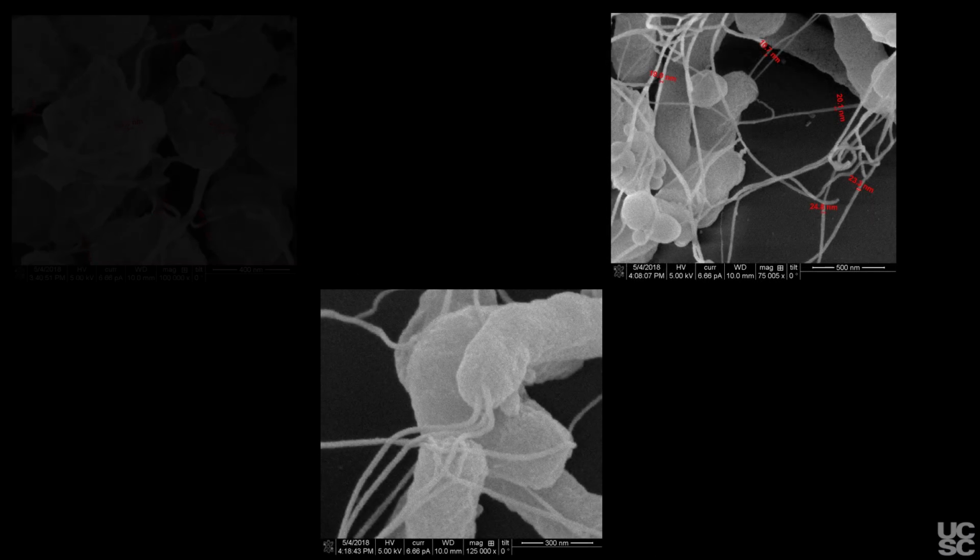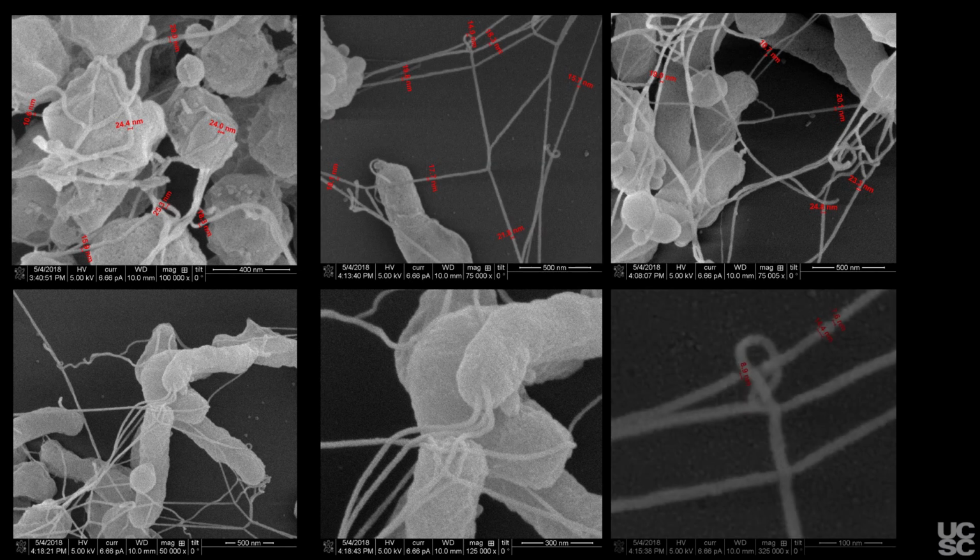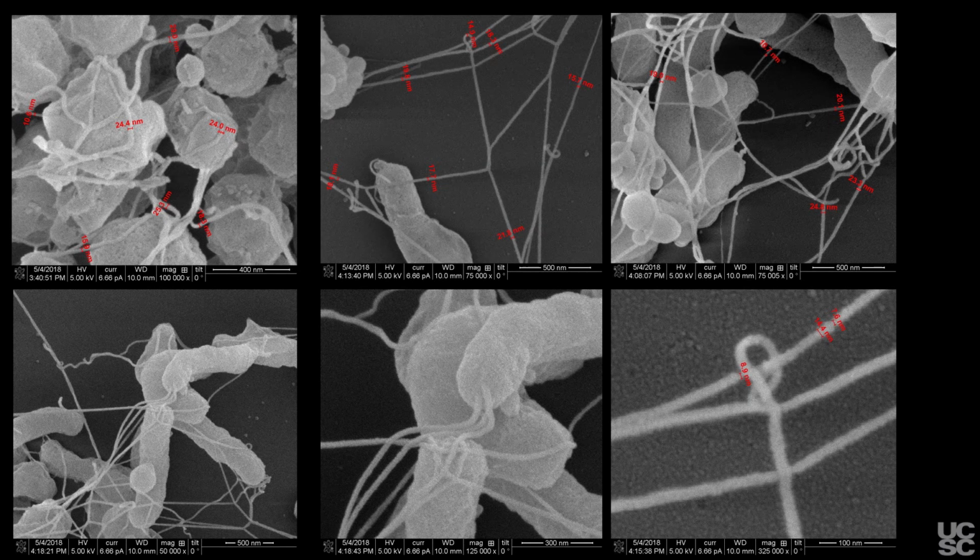Because Helicobacter biofilm do not contain polysaccharides, sugar filaments, like other bacteria, maybe they use flagella instead. To confirm that this is really flagella, we used a fliM mutant which does not produce flagella. And as you can see, we lost the filaments. And thus, we confirmed that the flagella are part of the biofilm in Helicobacter pylori.